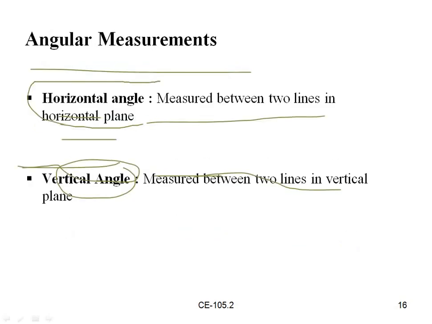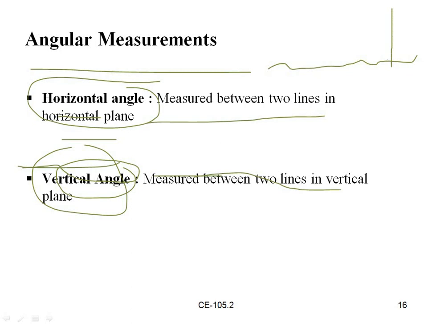So this is the horizontal angle and vertical angle. These horizontal and vertical angles depend upon the staff. This is the height, which is called the vertical angle, and the horizontal angle is for the distances to the side measurements.